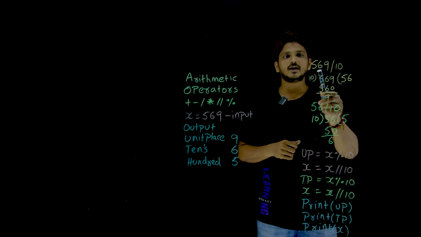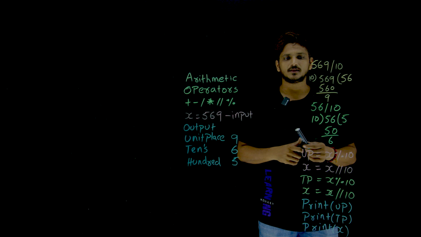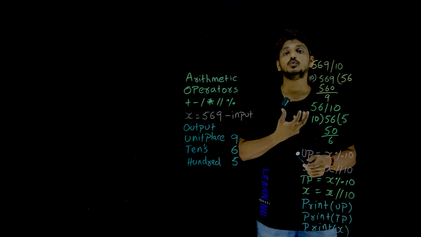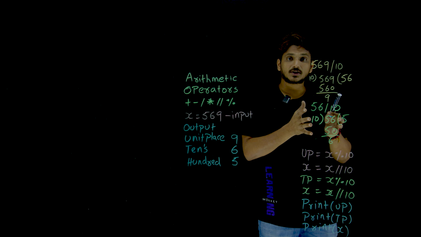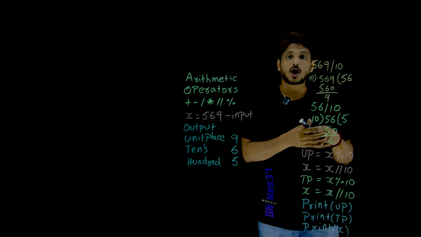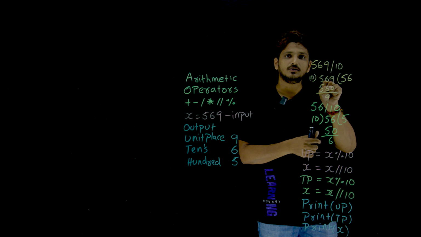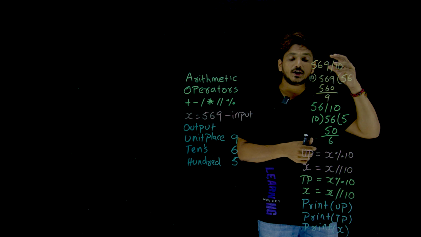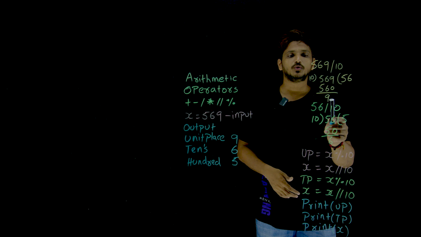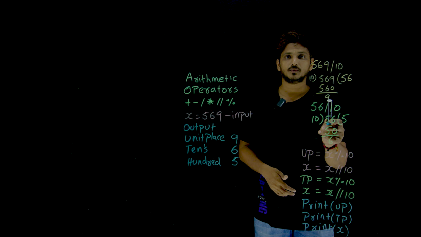So once you divide the number by 10, the remainder is going to be the units position. In our last class, from the arithmetic operators, how do we take the remainder value? Modulus operation. So we need to use the modulus operation to take the remainder value.